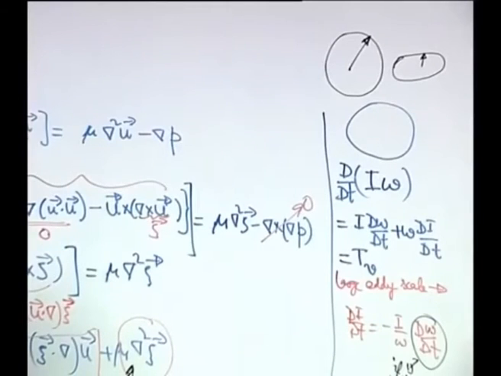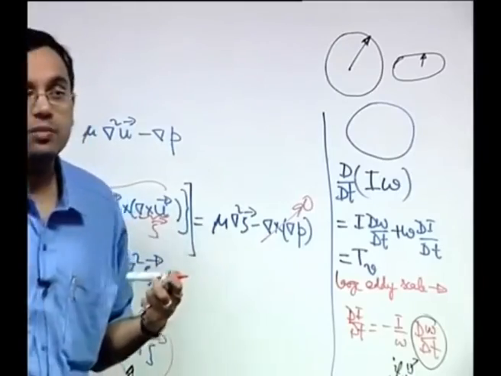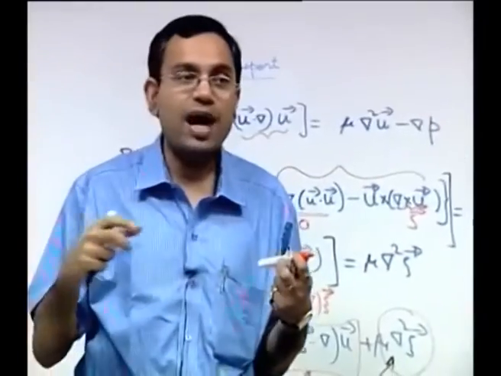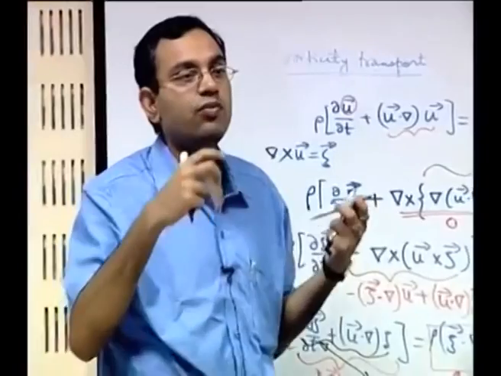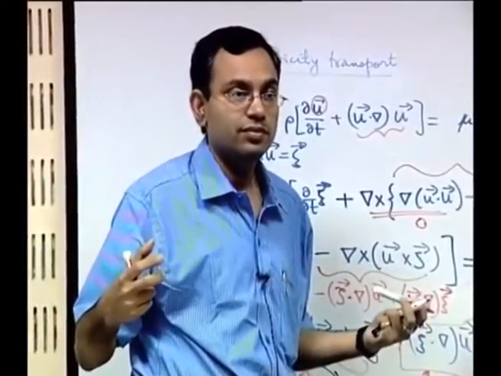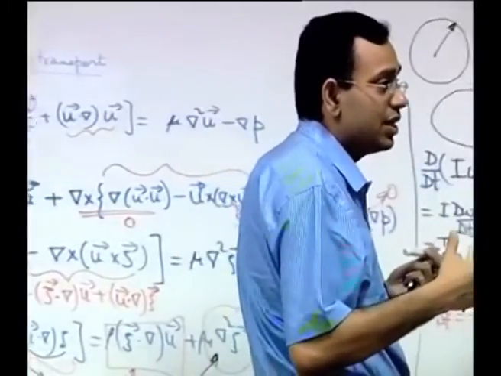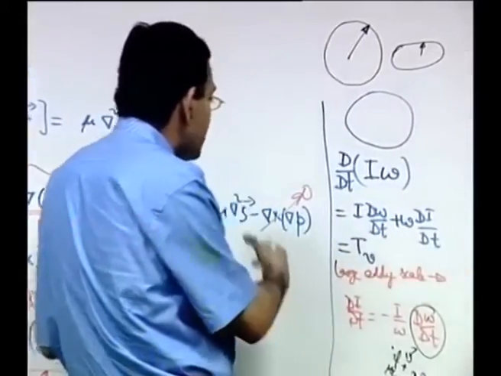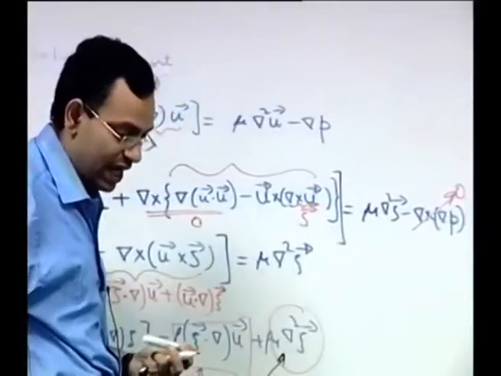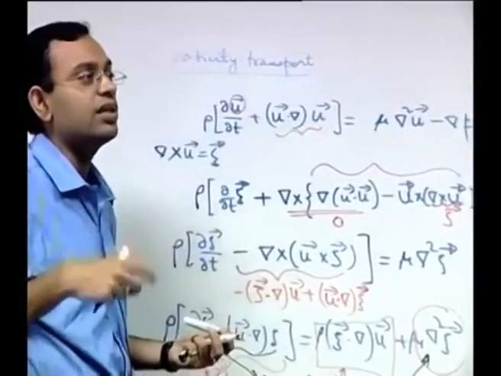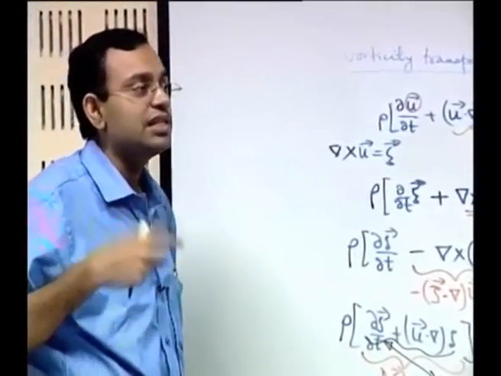So what happens? The vortex element appears to be stretched or elongated, and this vortex stretching is a very interesting thing. Because of this elongation, you have a greater chance of interaction of one vortex with the other. So that is one physical aspect, but the interesting physical aspect with respect to vorticity transport is that there is intensification of vorticity due to stretching of vortex elements.